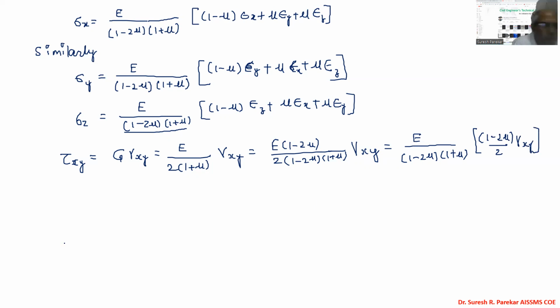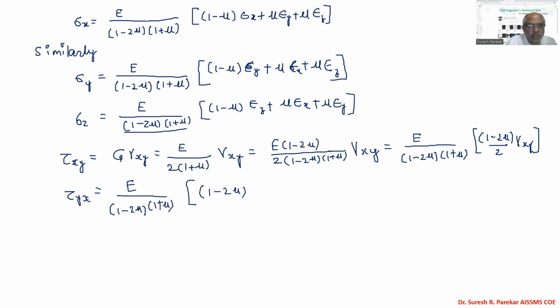Now if we go to tau xy and then tau yz, we have tau xy equal to E upon 1 minus 2 mu in bracket 1 plus mu into 1 minus 2 mu upon 2 into gamma xy. Similarly, for tau yz, I will have E upon 1 minus 2 mu, 1 plus mu, into 1 minus 2 mu upon 2 into gamma yz.